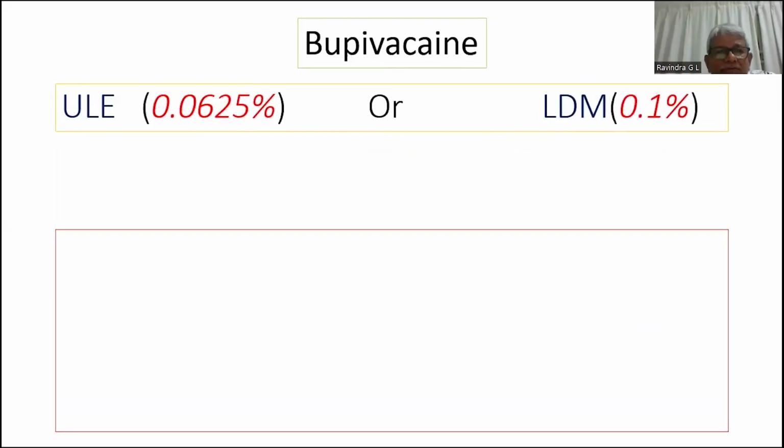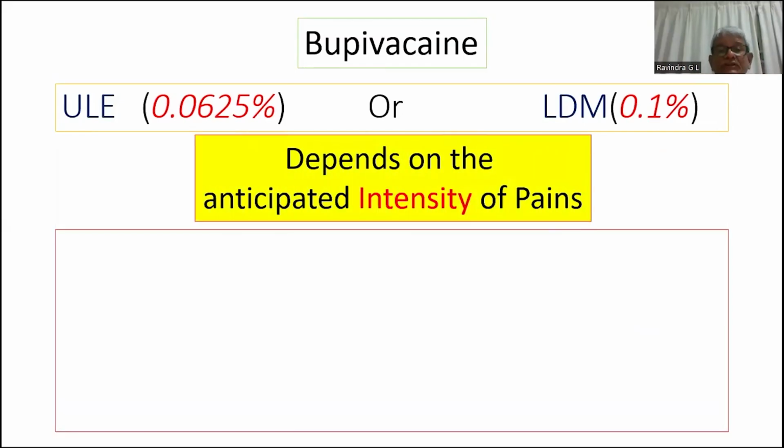So I gave you 2 concentrations of bupivacaine, ULE and LDM, a low concentration and a slightly higher concentration. Which one to use depends on the anticipated intensity of pain. Supposing it's a primipara, primies will have a higher intensity of pain, as all of you know, compared to multipara. So in primi, probably I would prefer an LDM compared to ULE.